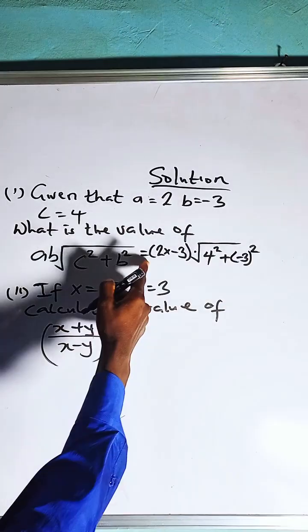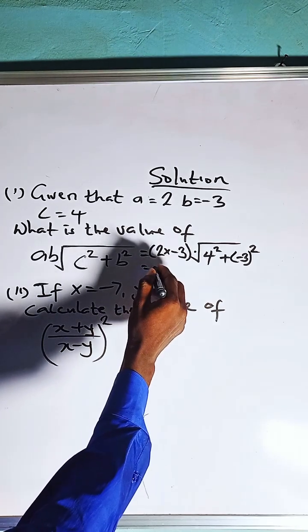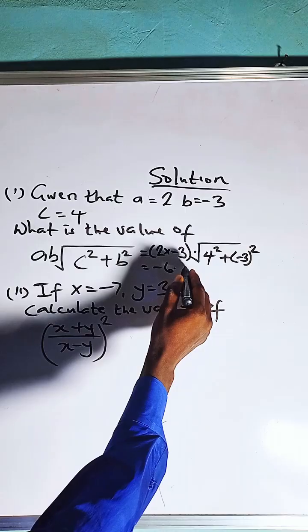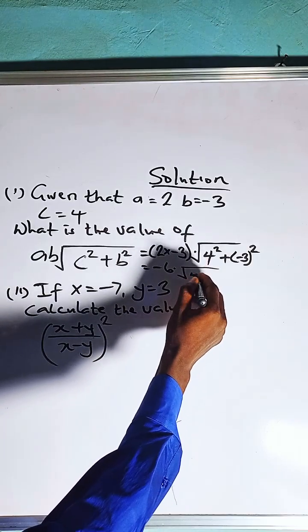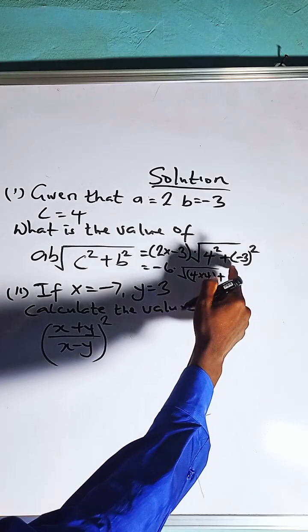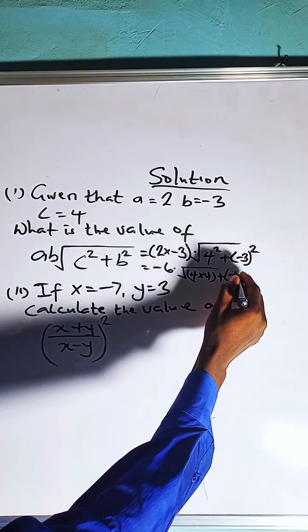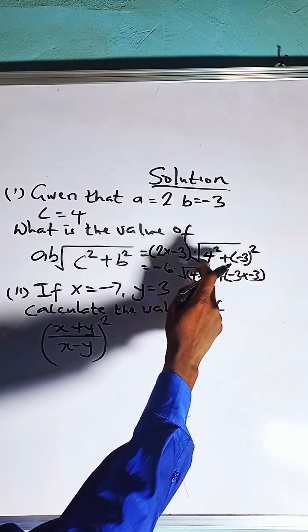When we open up, 2 times -3 is -6, times the square root of 4 squared, which means 4 times 4, plus -3 times -3.